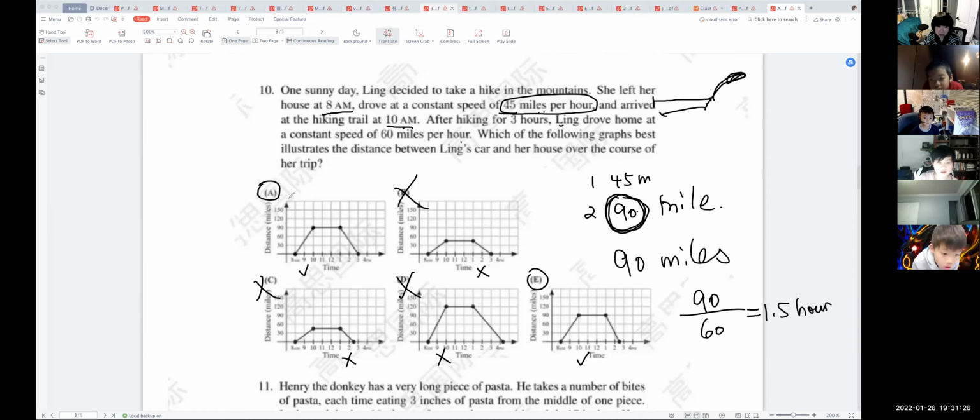So let's see. A is what? From 1 to 3, using 2 hours to go back home. And this one, from 1 to 2.5 is 1.5 hours. So the answer is A or E.